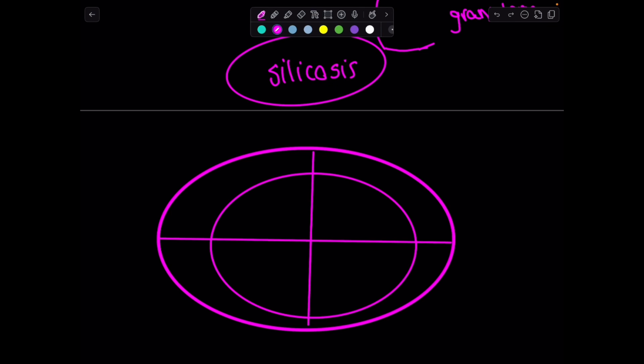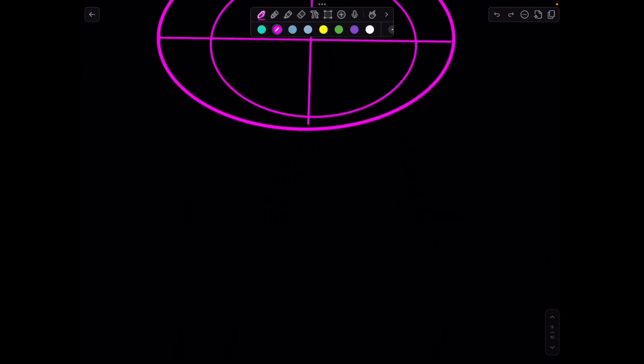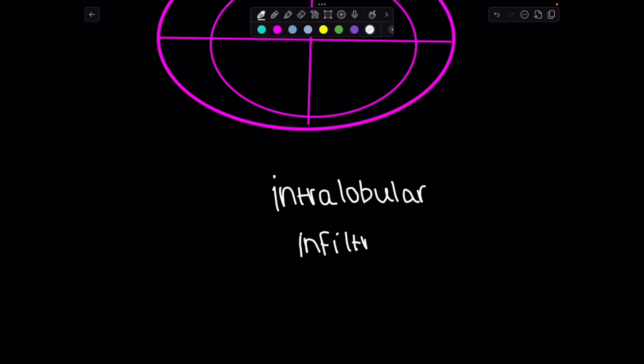Let's talk a bit about the intralobular infiltrate of lymphocytes. Intralobular infiltrates of lymphocytes in interstitial lung disease, ILD, refer to accumulations of lymphocytes, immune cells, within the intralobular septa, the thin connective tissue around alveoli, often seen in inflammatory ILDs like hypersensitivity pneumonitis or sarcoidosis, indicating immune response to antigens or injury.